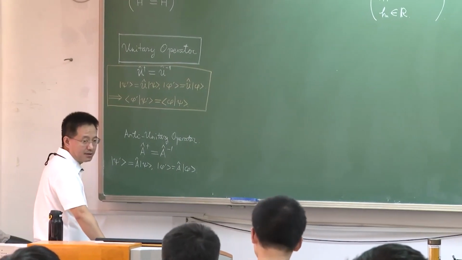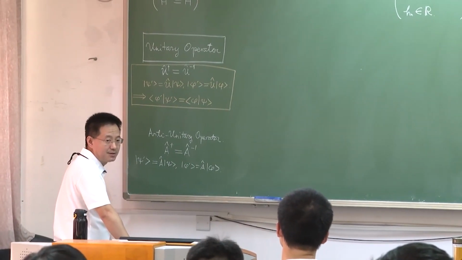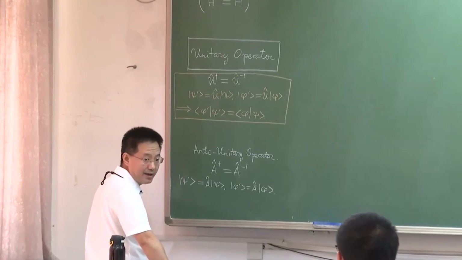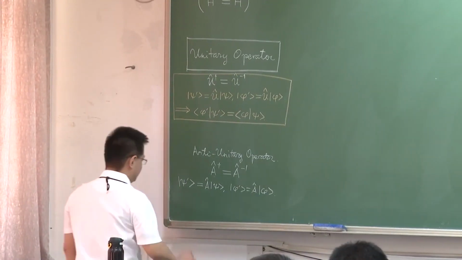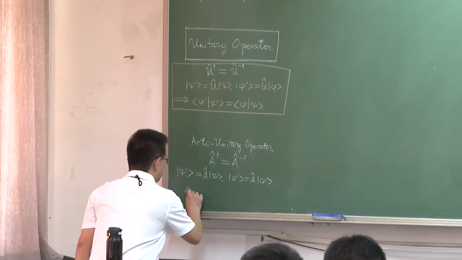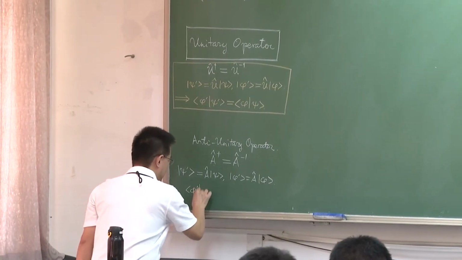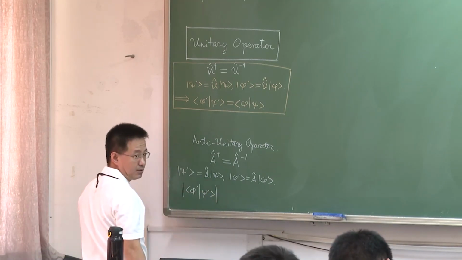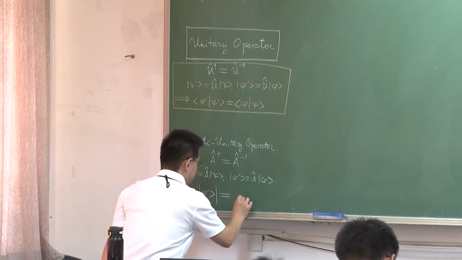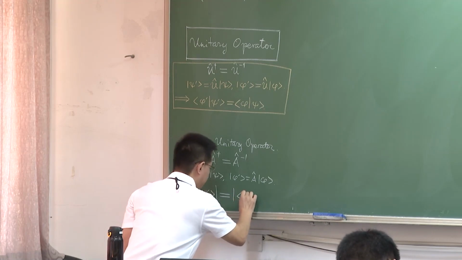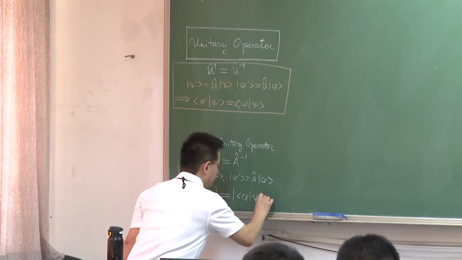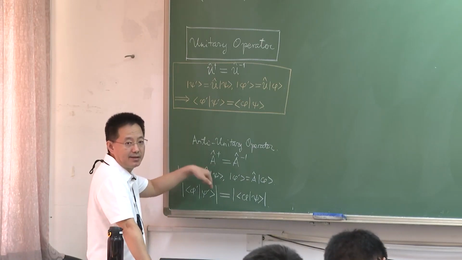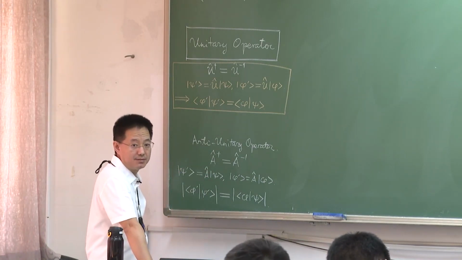But what is preserved? It's not the inner product, but the absolute value of the inner product. So the absolute value of phi prime, psi prime is kept invariant. So that's the only difference between the unitary and anti-unitary operator.